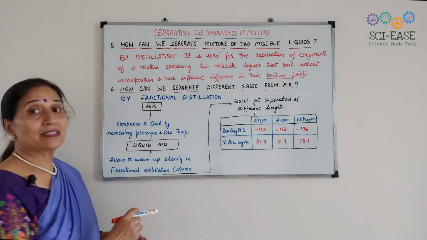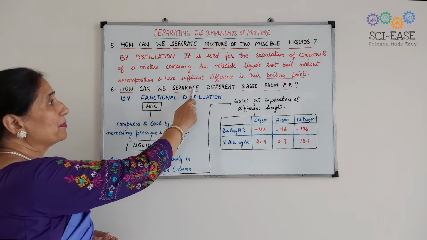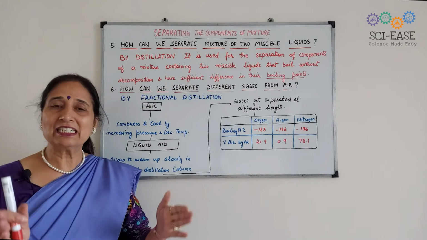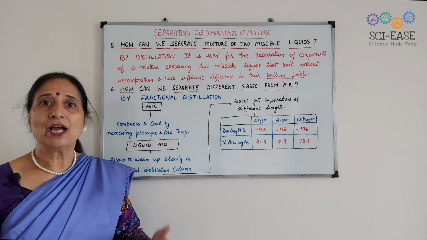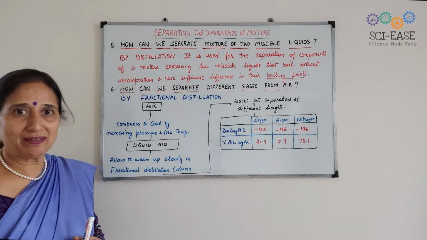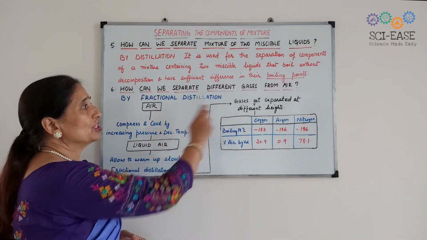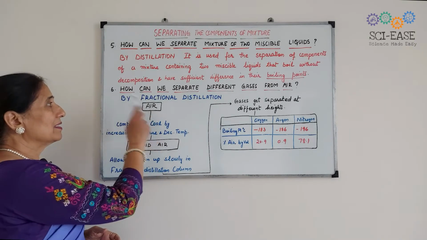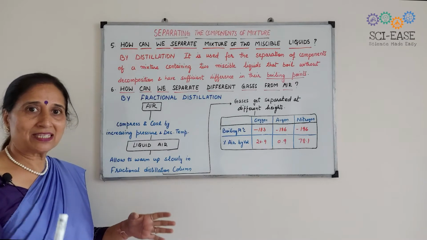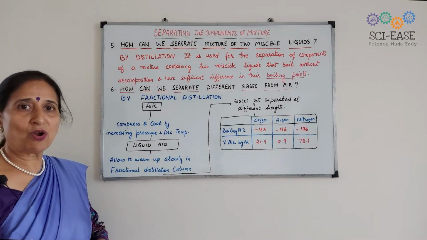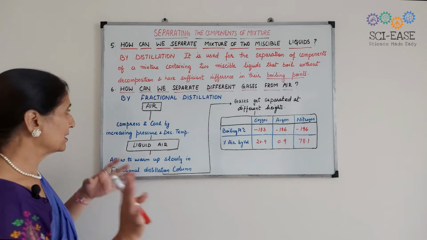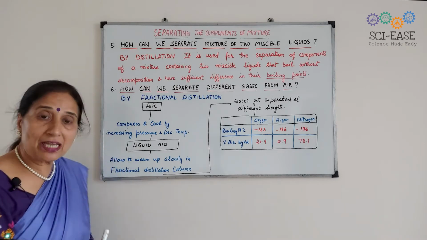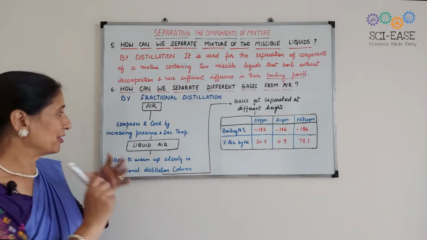Now the next method, the sixth method, is how we can separate different gases from air. I have told you that the fractional distillation method is applied to separate the different gases from the air. I have drawn this flow chart. You can see what happens. This is the air, which is a mixture of many gases, maximum nitrogen, then oxygen and other gases, water vapors, etc. This air is first compressed and cooled by increasing pressure and decreasing temperature.